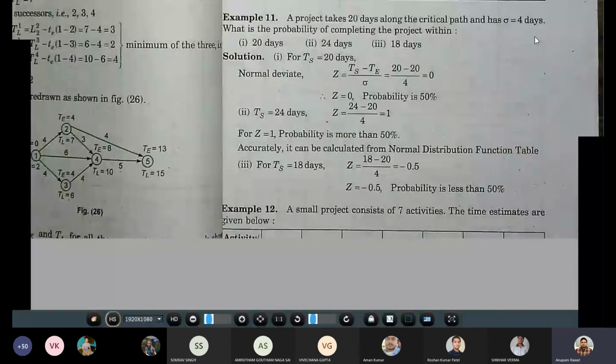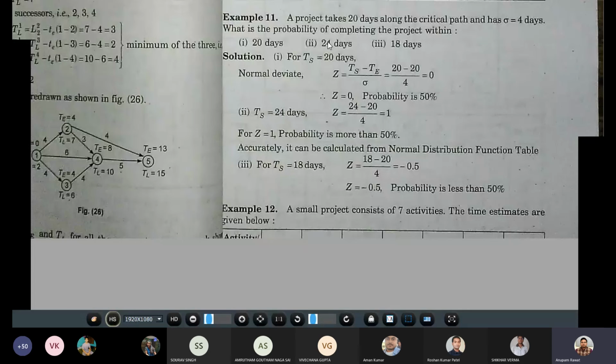First of all, we have to find the normal deviation. For the given time of 20 days, Z is TS minus TE upon sigma, so 20 minus 20 upon 4 is equal to 0. And when Z is equal to 0, the probability is 50%.